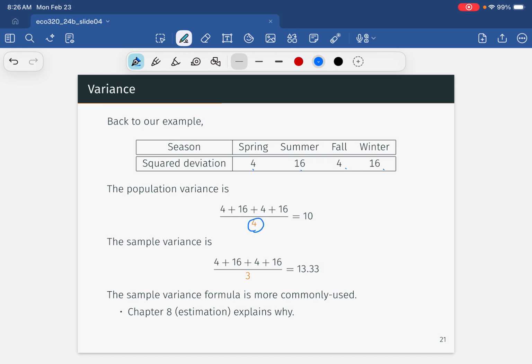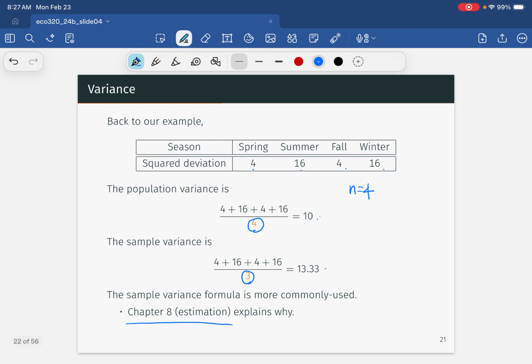So there are 4 samples, n is 4, sample size is 4, but you may use 4 in the denominator or 3 in the denominator. So of course the result is different, obviously. So here then the why. That will come up again in chapter 8.